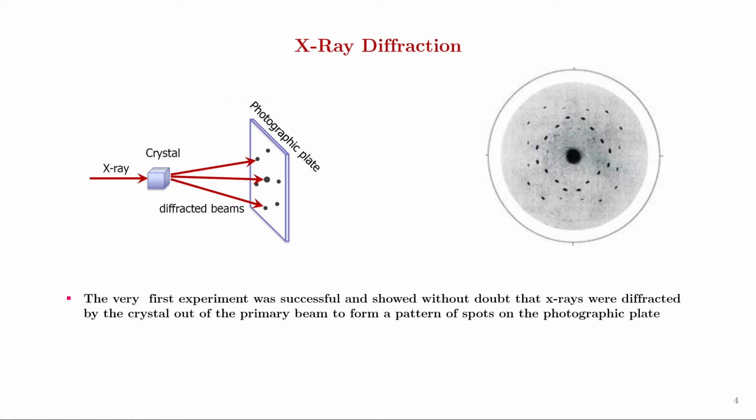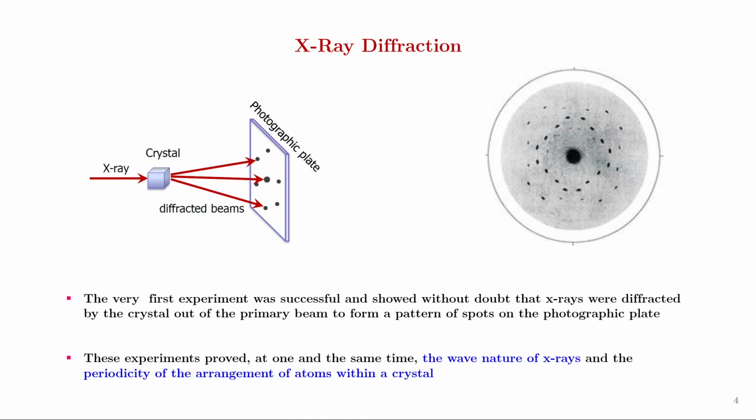The very first experiment was successful and showed without doubt that X-rays were diffracted by the crystal out of the primary beam to form a pattern of spots on the photographic plate. These experiments proved at one and the same time the wave nature of X-rays and the periodicity of the arrangement of atoms within a crystal.